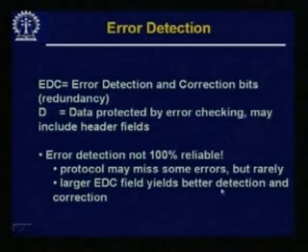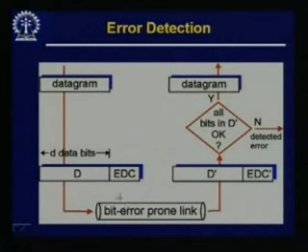So, you have the datagram coming. D data bits, we add some extra bits EDC, then we send it over a bit-error-prone link, which arrives as D dash and EDC dash. Okay. Now, D may be the same as D dash, no error. EDC itself may have been corrupted, or both may have been corrupted.